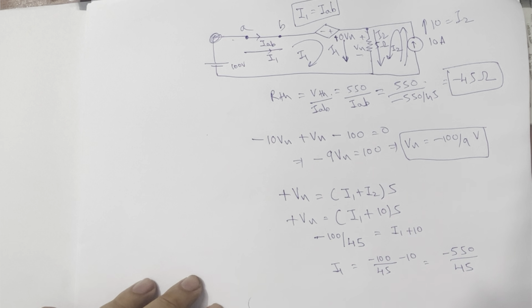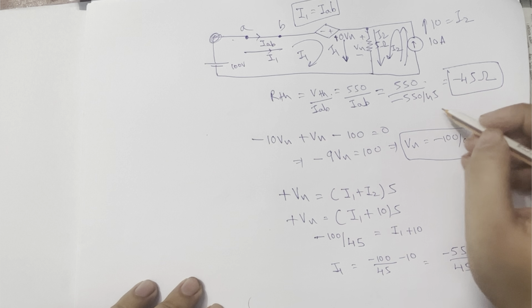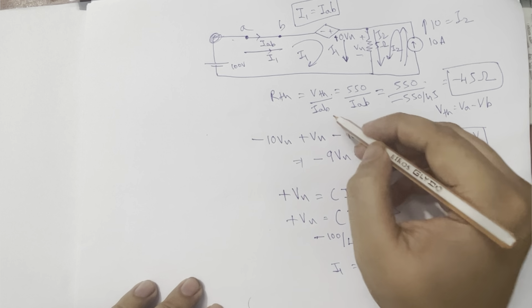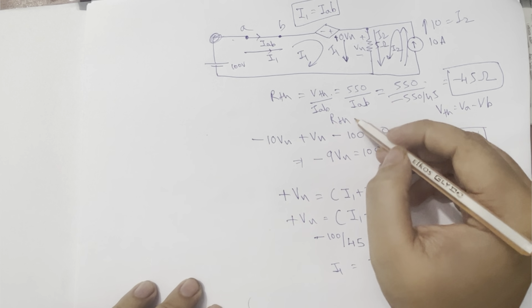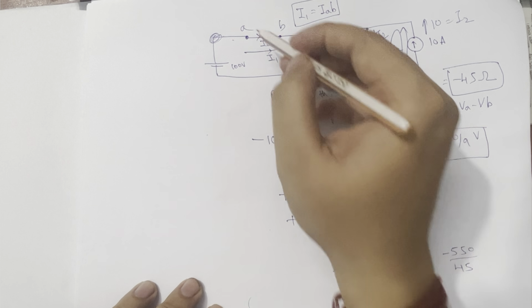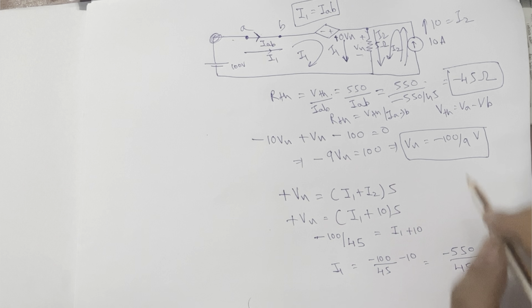Sometimes we have to always use the correct sign conventions, because I assumed VTH to be VA minus VB. That's why RTH is VTH upon IAB, from A to B. That's why the current direction is A to B. Due to some mistake of judgment of directions, the resistance has become negative.